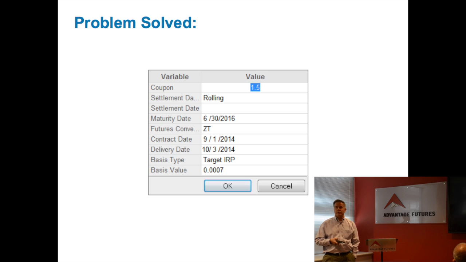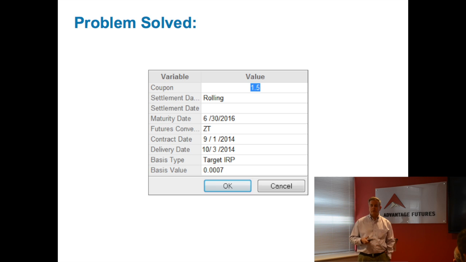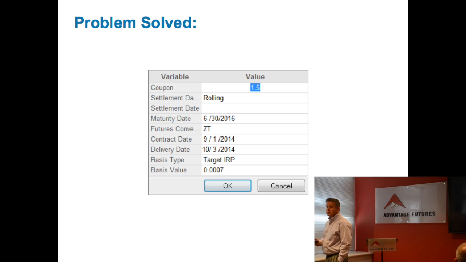What's going to go on behind the scenes is that the X-Trader is going to calculate in real time, for every tick in the futures, the gross basis, add that to the converted futures price, and come up with a spot price for today of the cheapest to deliver.